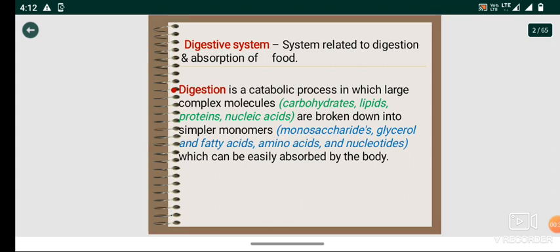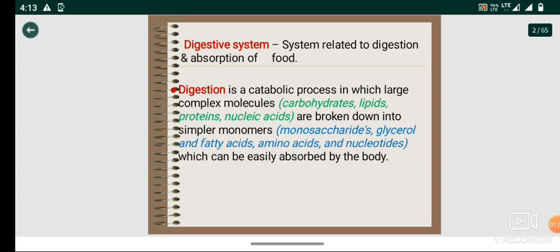into the simpler monomers or simpler substances which can be easily absorbed by the body and utilized by the body as such. We cannot utilize the nutrients in the form that we eat, like we eat the carbohydrate polymers, like monosaccharides, glycerols and fatty acids, like proteins in the form of long chains of amino acids, but they cannot be absorbed and utilized by the body as such.